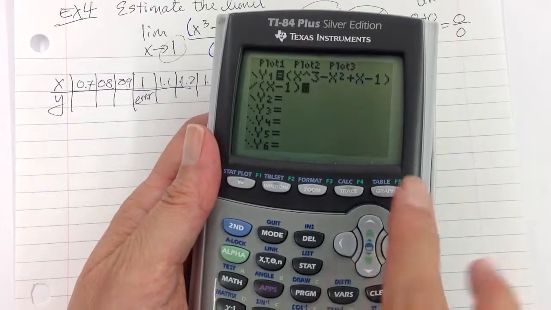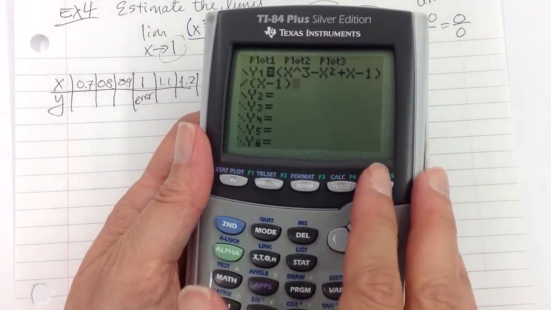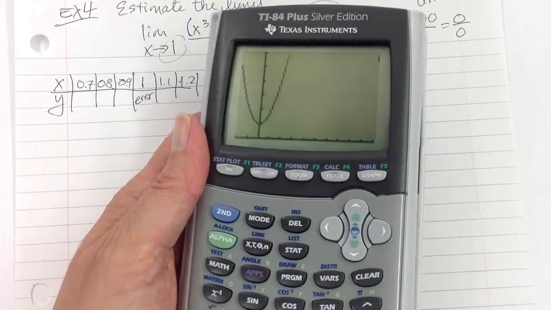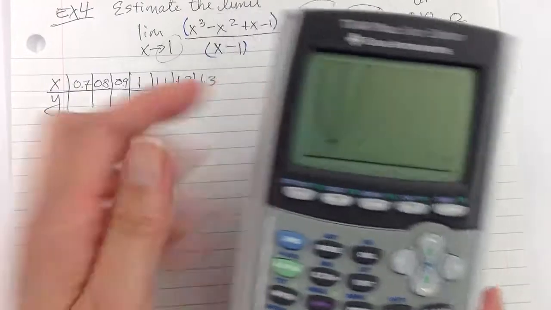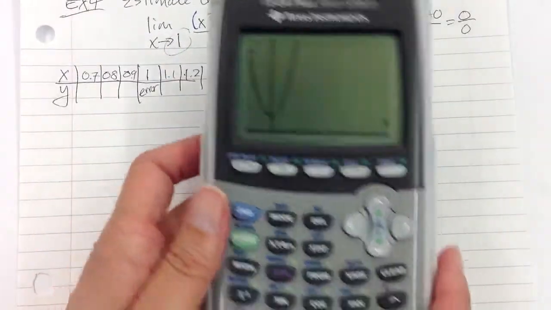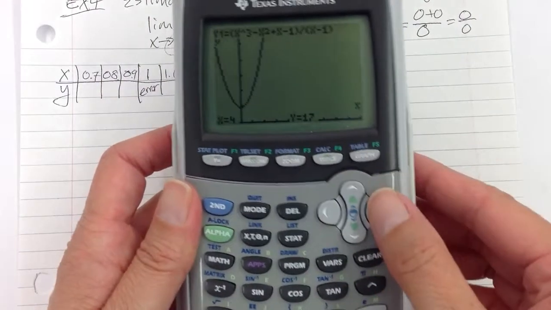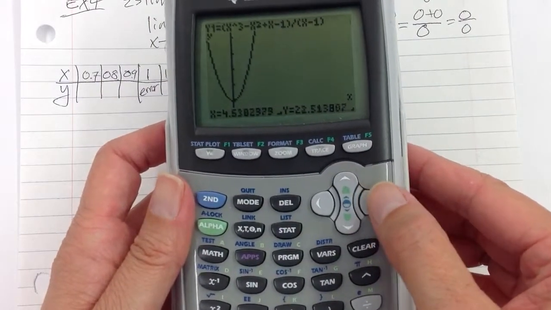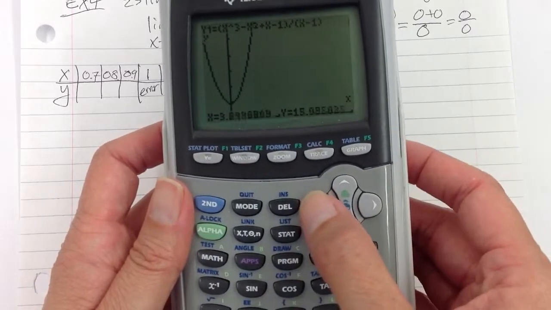And let's see what this graph is. Let's see if we get a good graph here. We might need to change our window. Oh, it's just a parabola, right? It's just a parabola. And we want to find out what's happening at 1, so we don't really care about the minimum here. I'm going to press trace and move it over to, oh, it's way over at 5 for some reason.